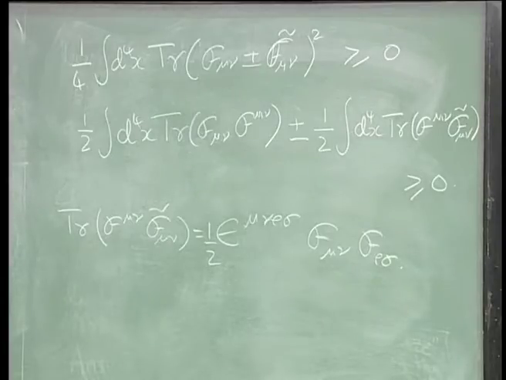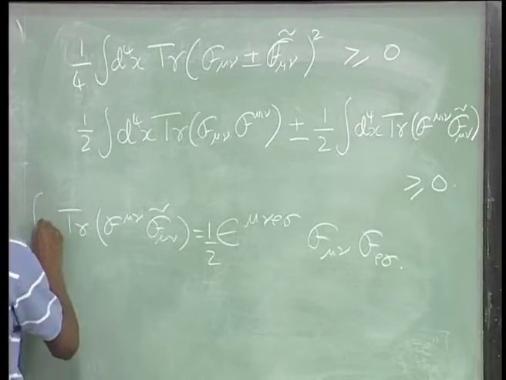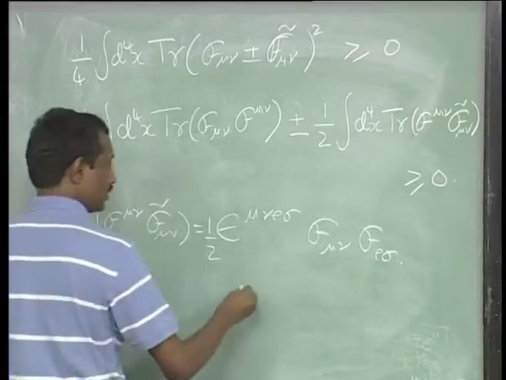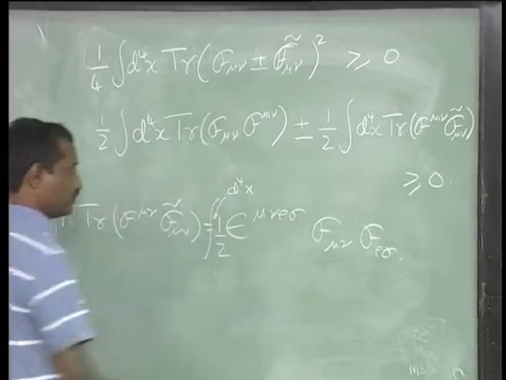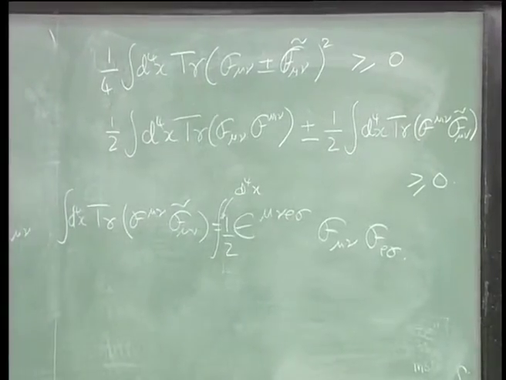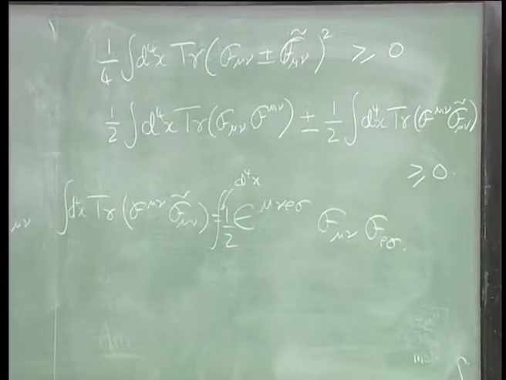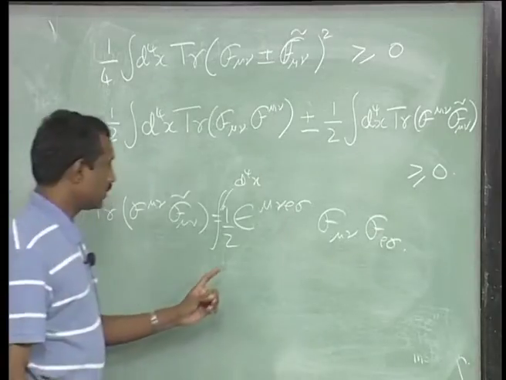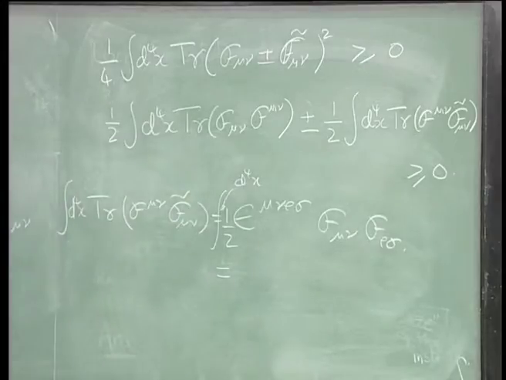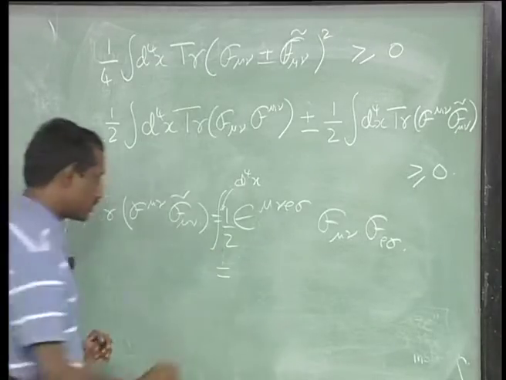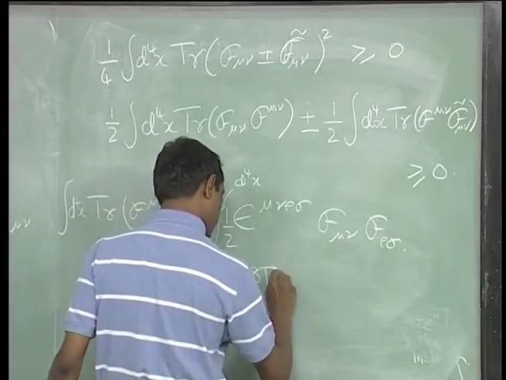And so the integral of this d4x is equal to, and what is this equal to? The integral of that thing is equal to minus 16. And there is a half here. So this becomes minus 8 pi square n.